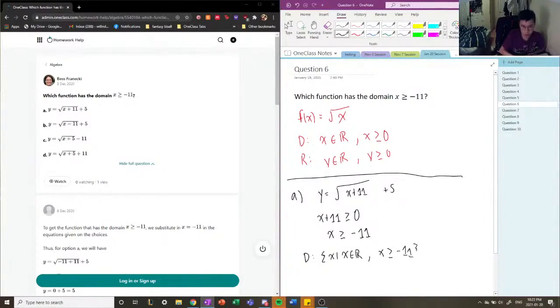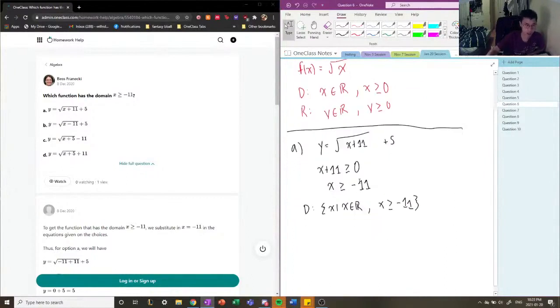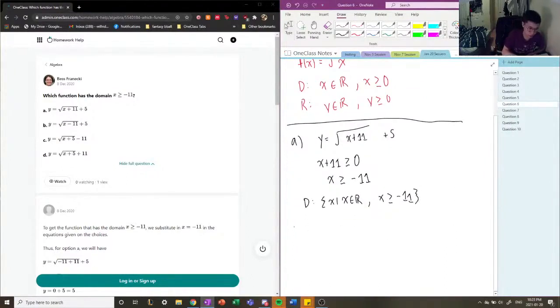All right. Let's do that for the next couple of functions here. For b, we have y equals the square root of x minus 11, plus 5. We ask ourselves the same question again. What values of x will make this inequality true? As long as this inequality is true, our function is defined.